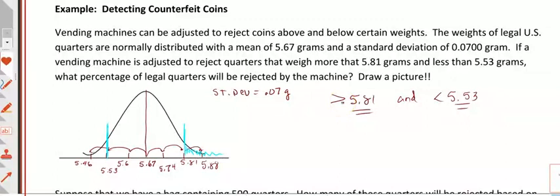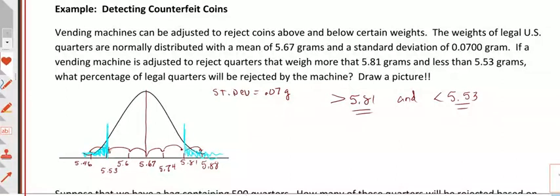Greater than means to the right. Less than 5.53, so I find 5.53 and shade everything to the left. Those shaded blue portions on this graph represent the area that we want to reject. We want to reject any quarters that lie in those two regions.